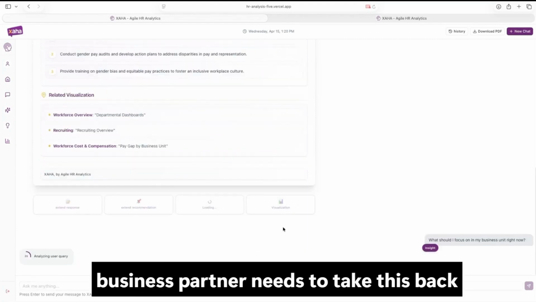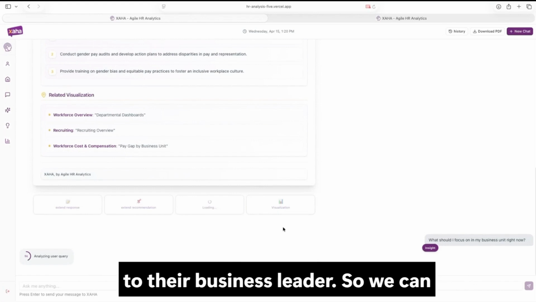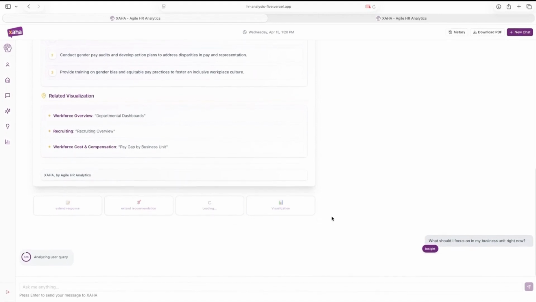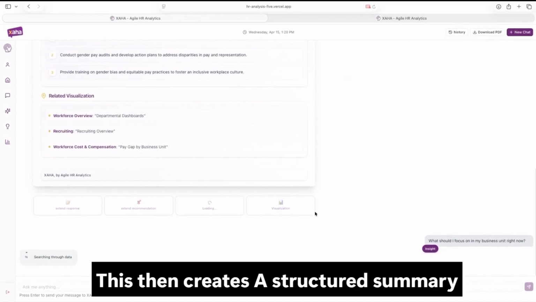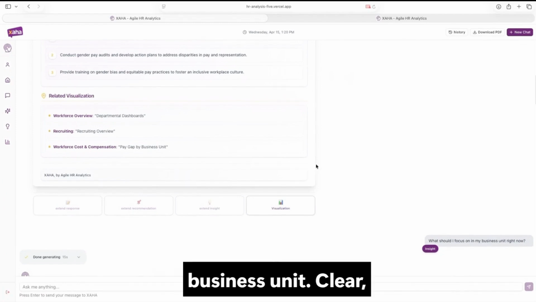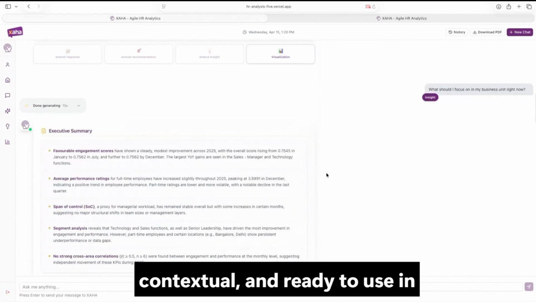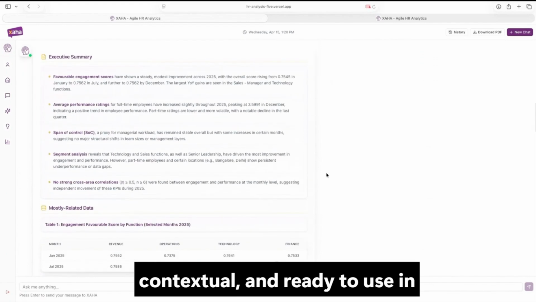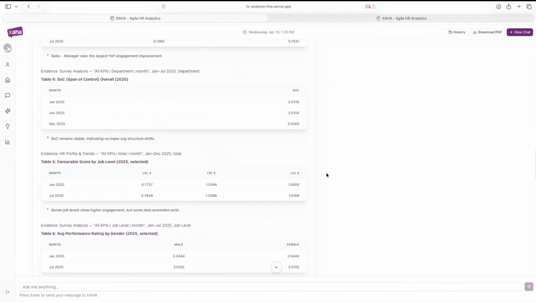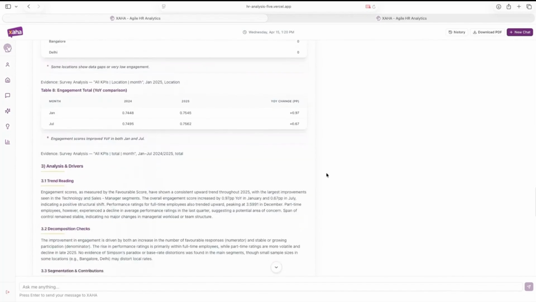Now, the HR business partner needs to take this back to their business leader, so we can expand this into deeper insights. This then creates a structured summary of what's happening in their particular business unit. Clear, contextual, and ready to use in conversations with leadership, as you can see.